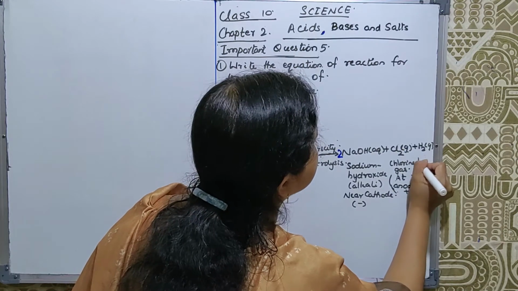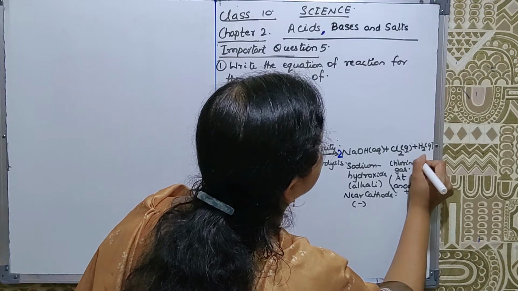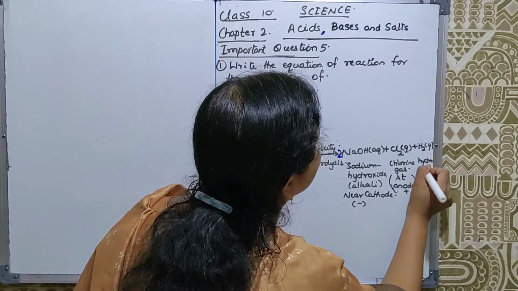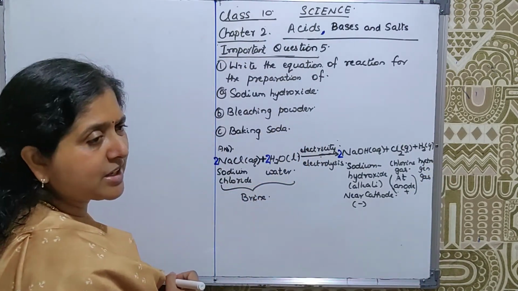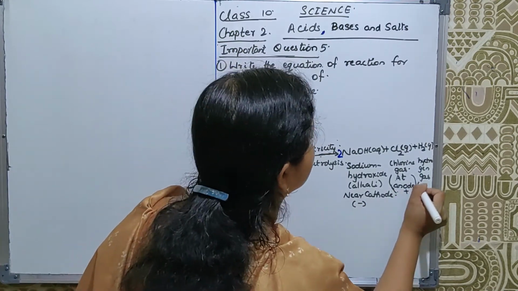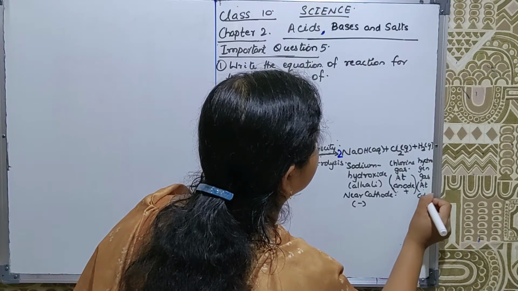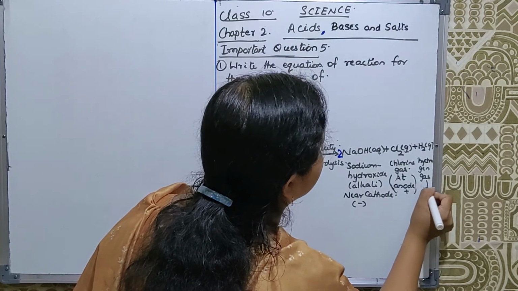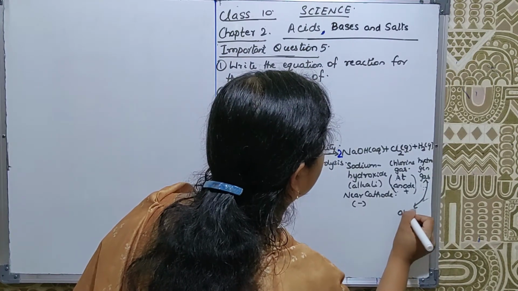Now next one, hydrogen gas. Hydrogen gas is actually formed from a positively charged particle. It will be collected at the negatively charged rod, so at the cathode. Hydrogen gas will be collected at cathode. Why?